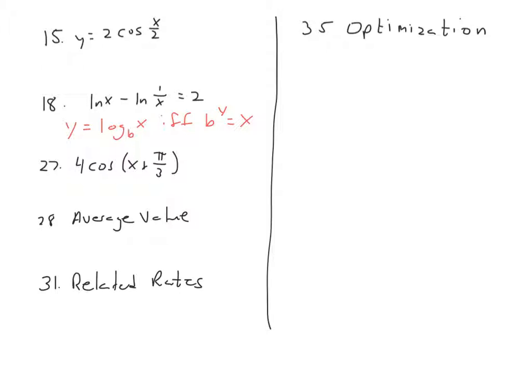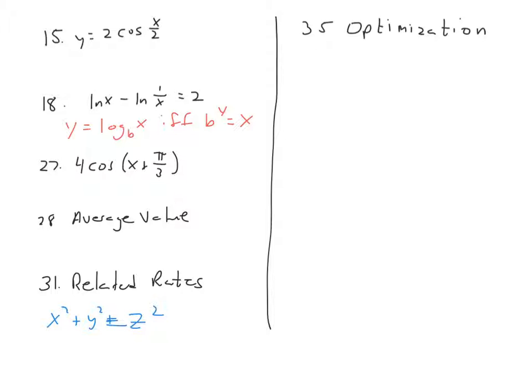And so for problem 31, you want to use the fact that x squared plus y squared equals z squared. That gets you a relationship. They tell you what x and y are. They want you to find dx dt when x and y happen to be equal to 3 and 4.